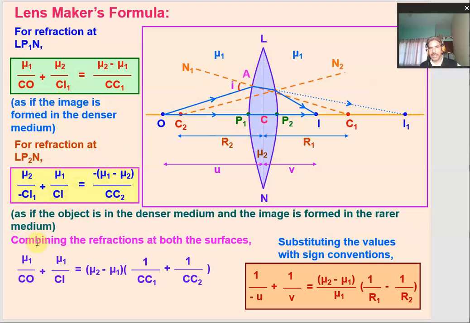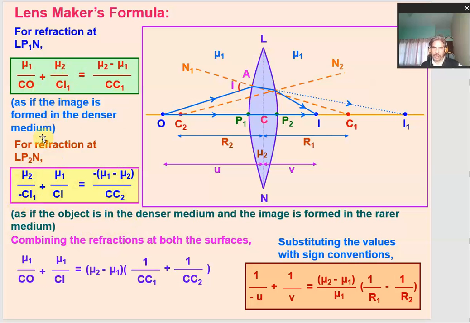Now by making use of these two equations we can proceed for the lens maker's formula. So how do we proceed now? We just add these two equations. Their left hand side is added to the left hand side and right hand sides are added to the right hand side. So on the left hand side, this term mu2 upon CI1 just cancels out with this negative term, mu2 upon CI1.